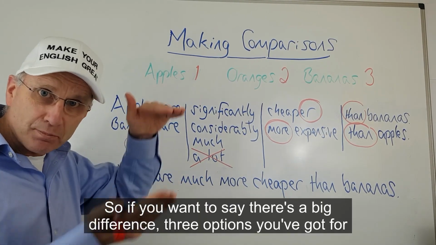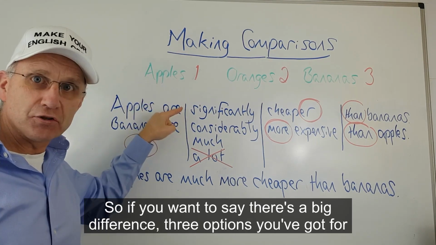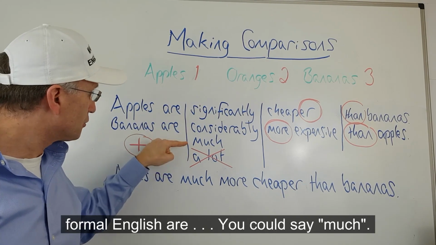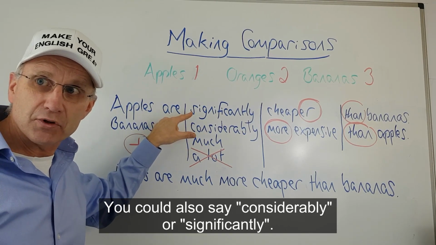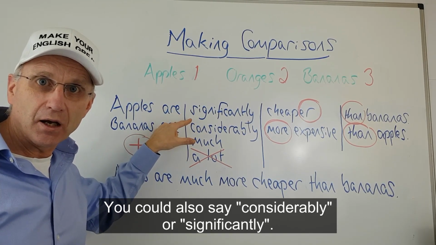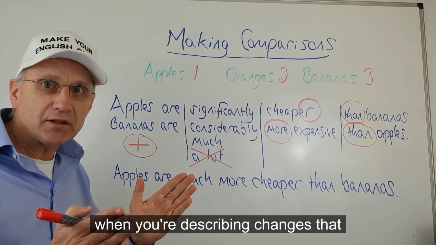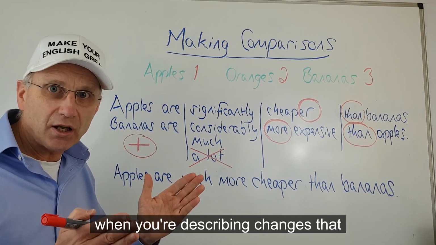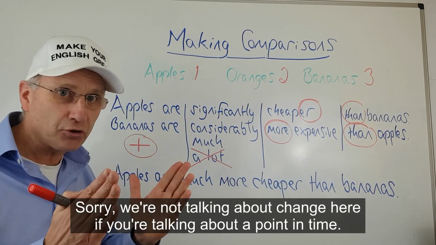So if you want to say there's a big difference, 3 options you've got for formal English are, you could say much, you could also say considerably or significantly. And I've given you 3 options because when you're describing changes that you see in the data or differences, sorry, we're not talking about change here.